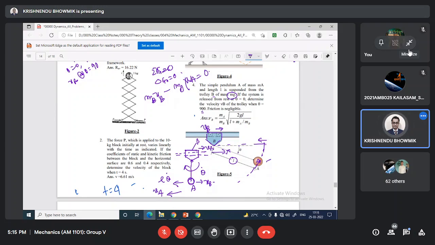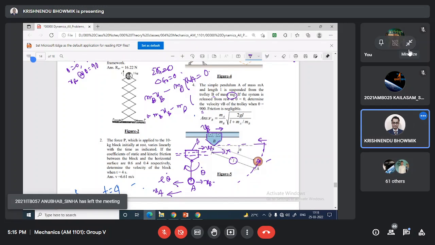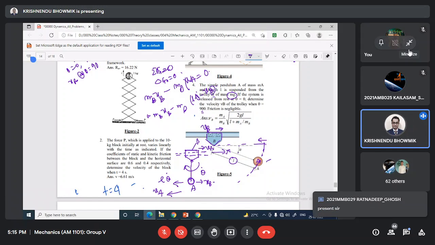Why minus? It is in the other direction. Or mb vb minus ma va equal to L theta dot minus VB. Okay, L theta dot will go that side.